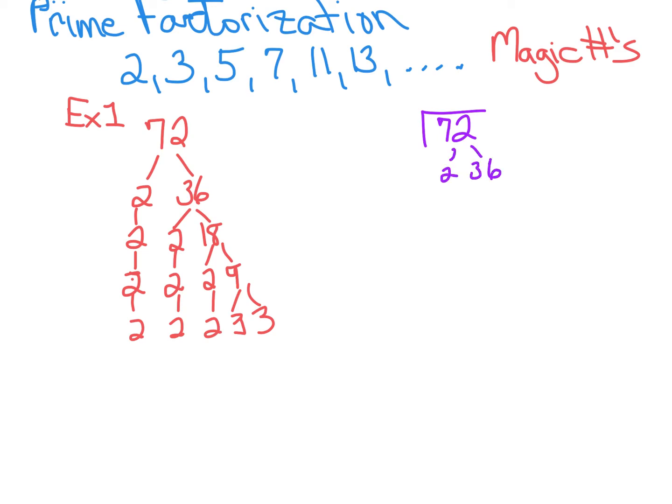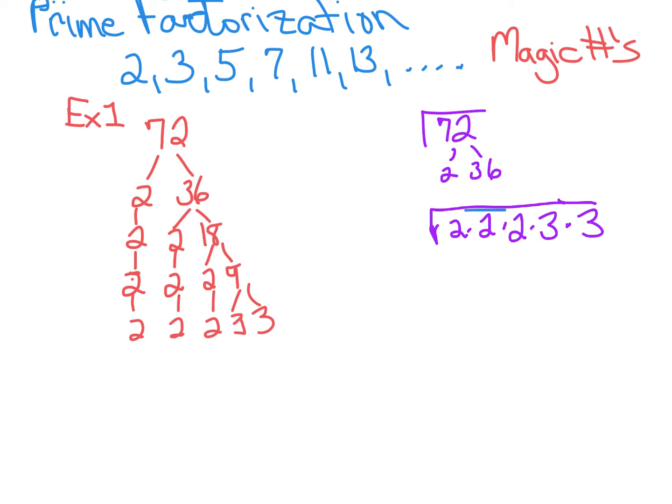And when we got down here, we'd have 2 times 2 times 2 times 3 times 3. So simplifying radicals is simply taking all the pairs out.